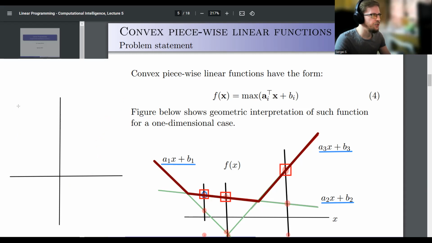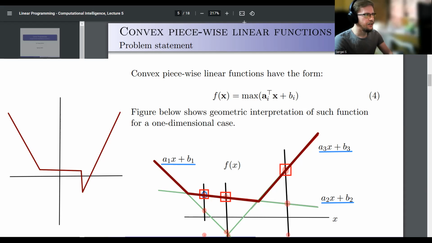What is impossible is something like this. This is impossible. Why? Because this is not convex, and we said it is convex. And in fact, why is it impossible? Because this line here would clearly dominate those lines.